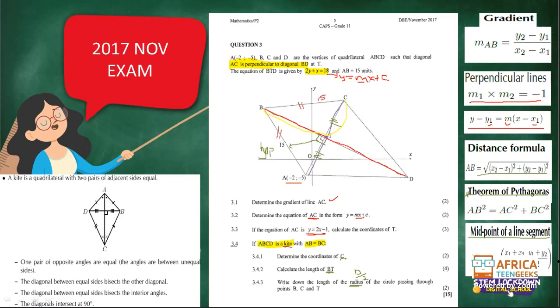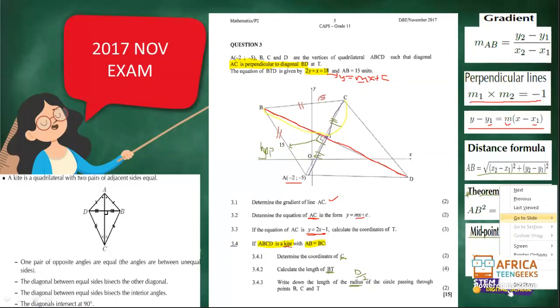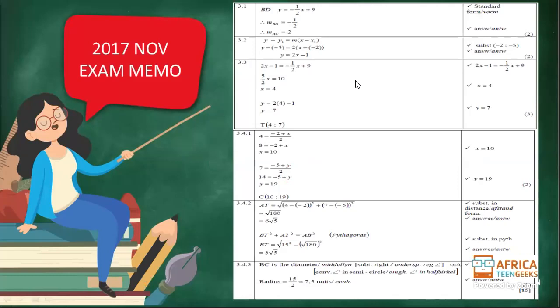Okay. So if we go through our memo just to check, I hope everyone understands. For example, in 3.1, you got a mark for writing your equation in terms of y.